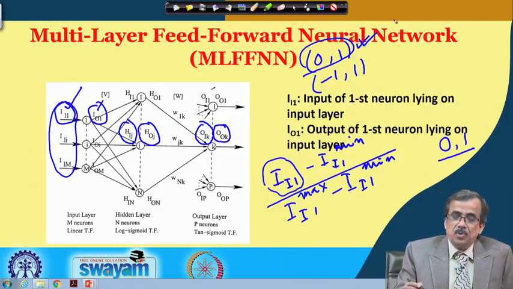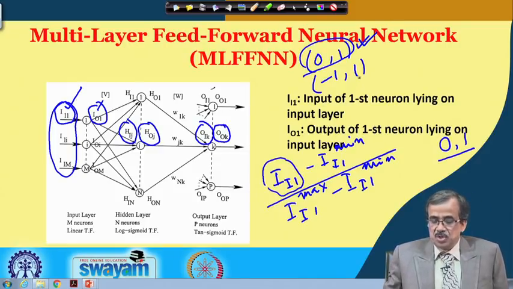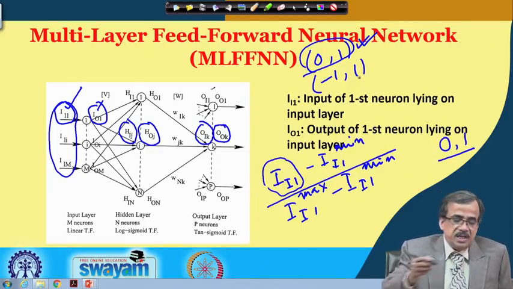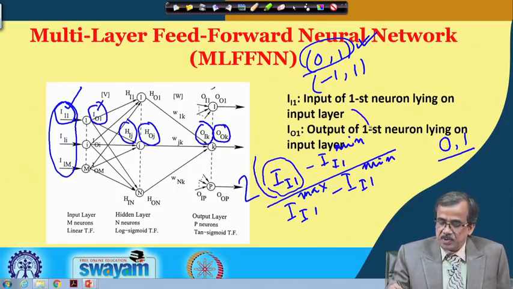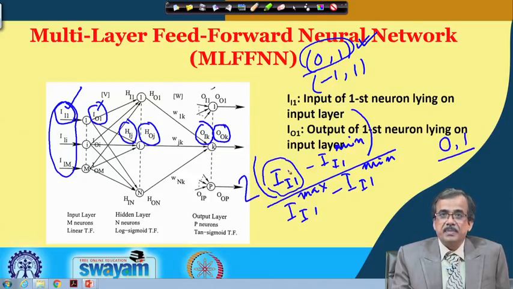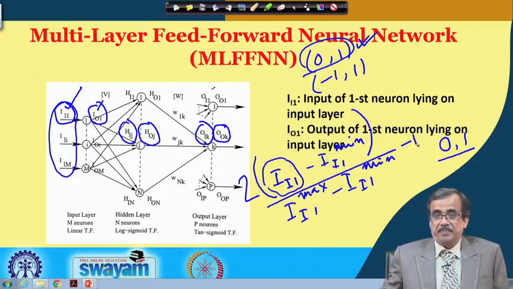Similarly, if I want to represent it in the scale of -1 to +1, I will have to use an expression which is 2 multiplied by I1 minus I1 minimum, divided by I1 maximum minus I1 minimum, minus 1.